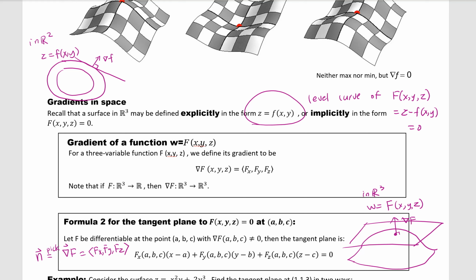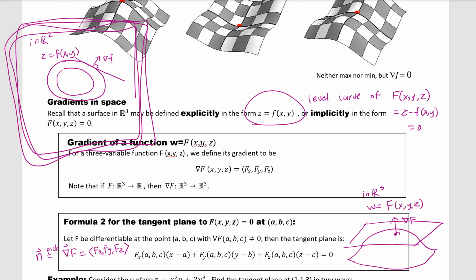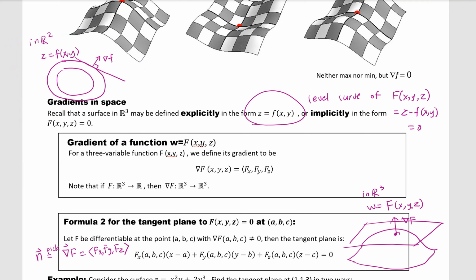Are we in R2? Are we in R3? Let's look at this again. Here, z is a function of x and y. The graph of this function is a surface in R3. Let me write it down.